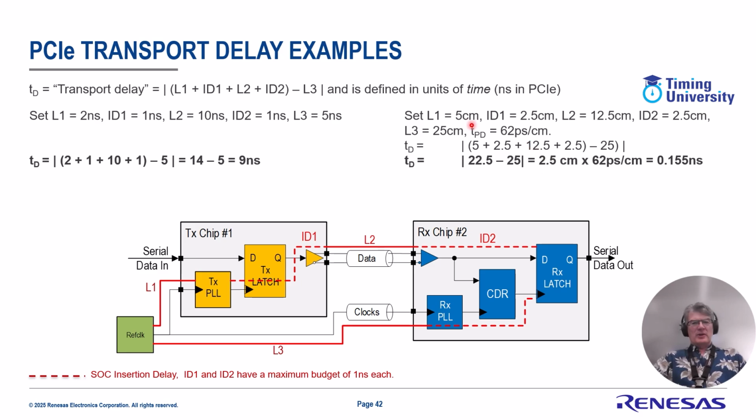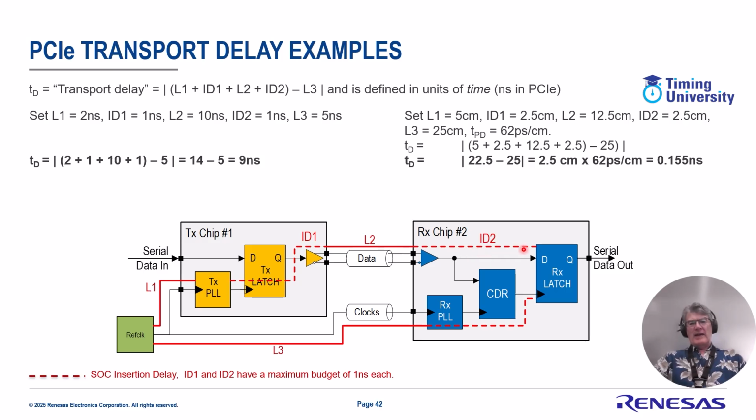So in this case, we're going to set L1 to be 5 centimeters, and then we have the internal delay, we're calling it 2.5 centimeters because we know the trace length inside the package. We're going to go with a 12.5 centimeter length on the data channel.